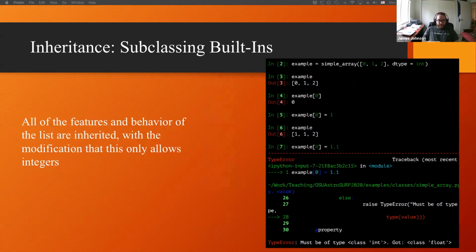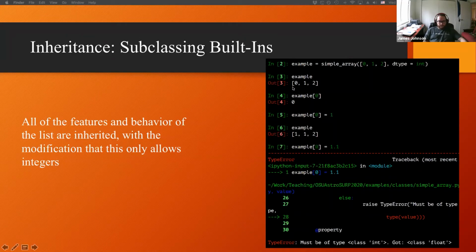So to see this then in action, I just make a simple array object with the list 0, 1, 2, and I specify dtype equals int, and just give it the integer type specifier as a keyword argument. So I didn't give this function a string representation. This is inherited from the list.